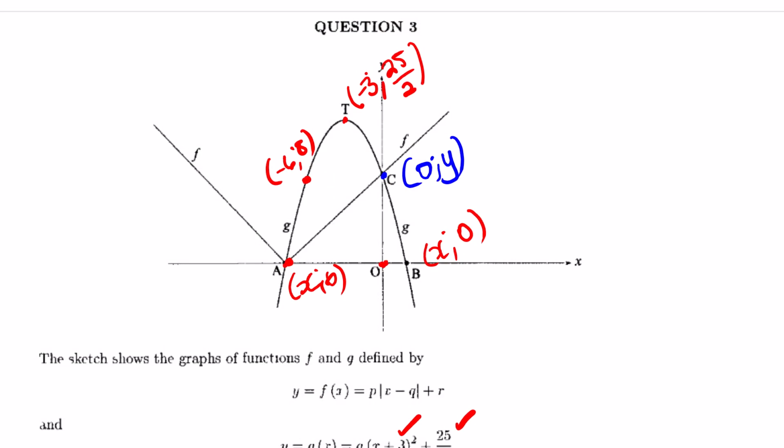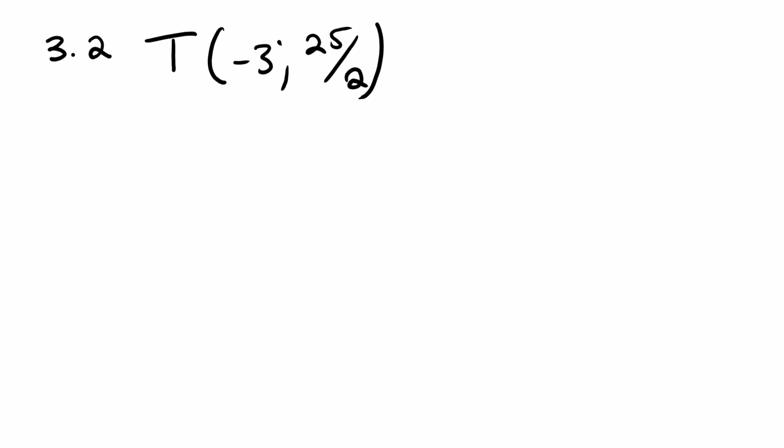Now what we need to calculate exactly is this, this, and this, because we already know the coordinates of T. Now we need to calculate the coordinates of A, B, and C. Let us start with C.